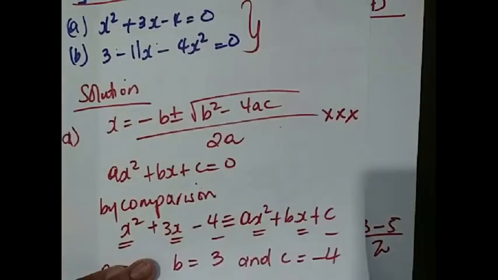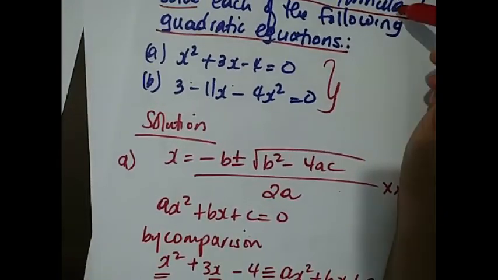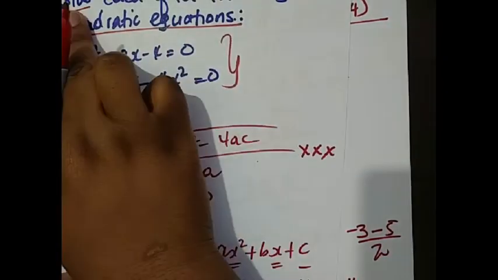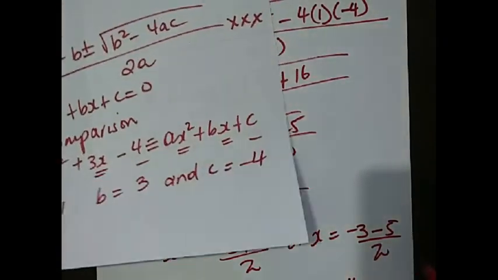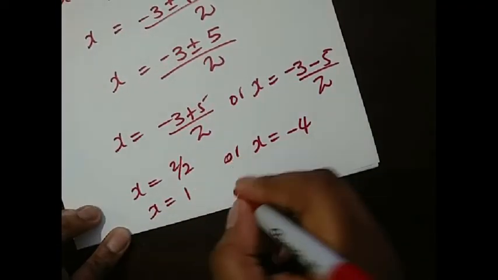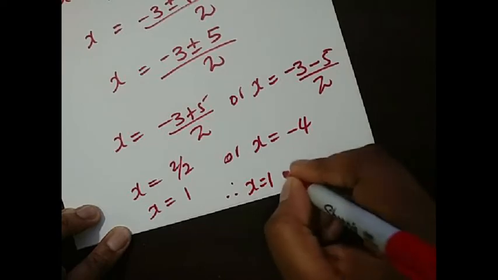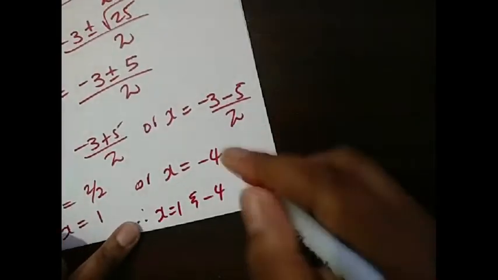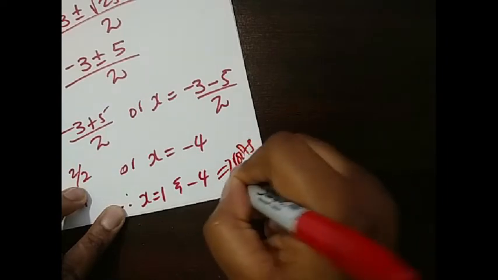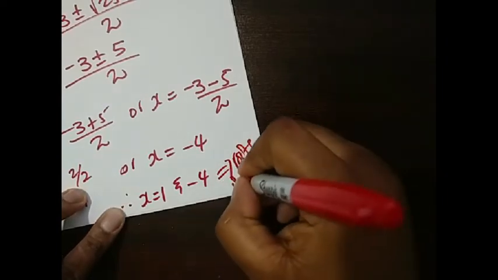So let's go back to our question. It says that we are to do what? Use the quadratic formula. We did. And solve. Solve means that when you find these values of x, where x is equal to 1 and negative 4, these values are the roots of the quadratic equation.